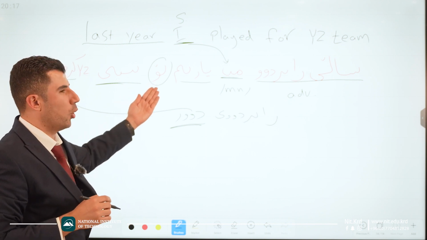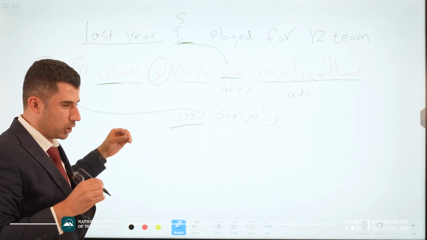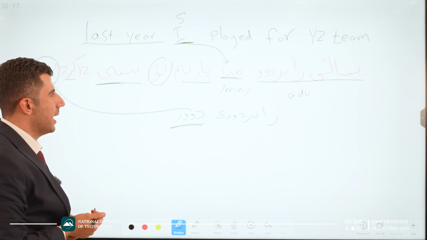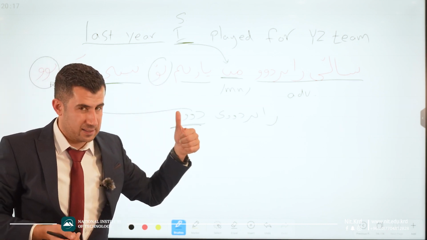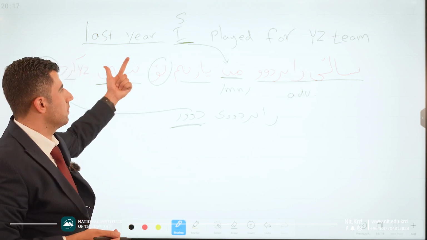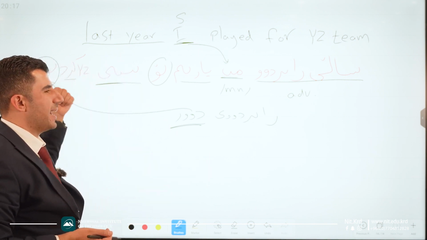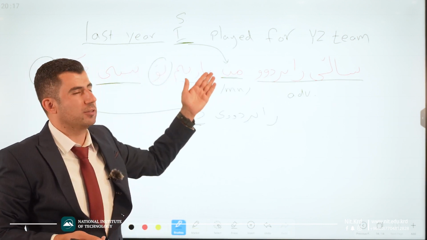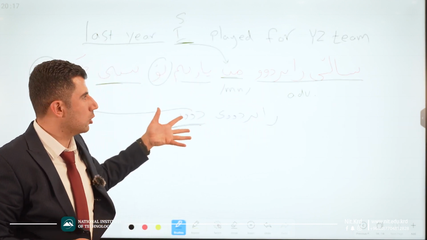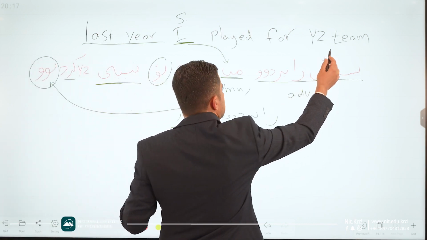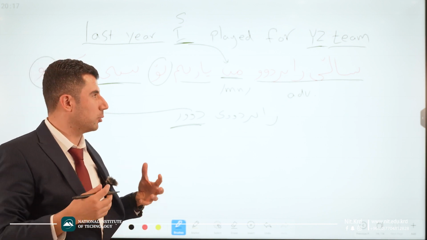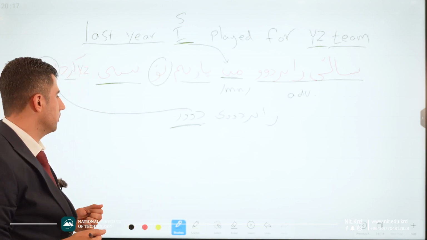The sentence is active. The verb is past long. And also we have adverbs of time. Also we have a name, team. YZ team, that's a noun. YZ is a noun for just a special team.